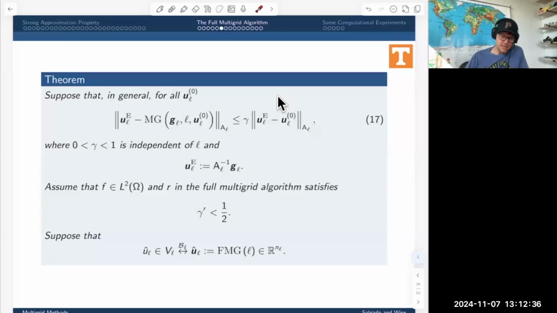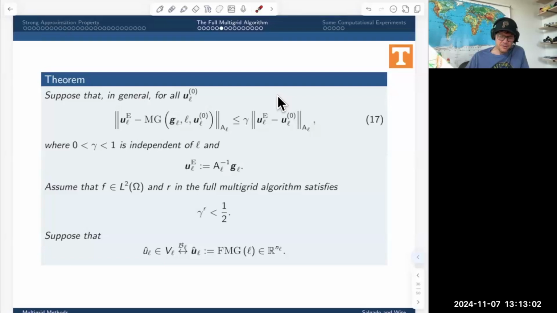So UL3 is what we get in the end. We're going to measure that against the true solution on that level, and we're going to assume that it is less than some contraction factor gamma, which is smaller than 1, times the initial error. So this is showing how much we're contracting by using multigrid.